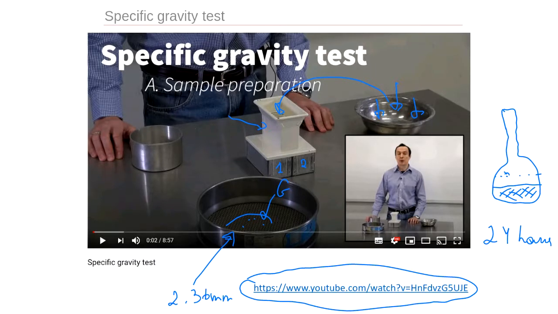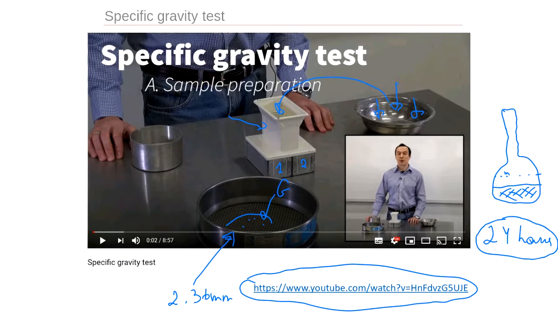Do you know why we need 24 hours? Why can't we do the tests immediately after we pour water in the soil? I mean, in the bottle. Any idea? Why do we need to wait for 24 hours to saturate? So yeah, I think we would like to better saturate it, right?